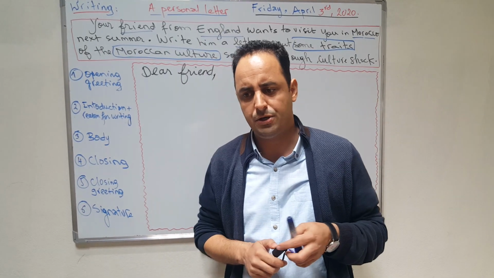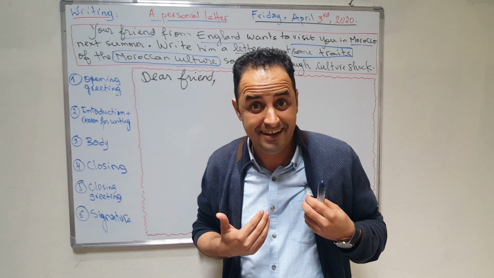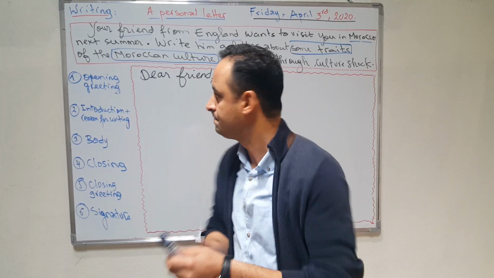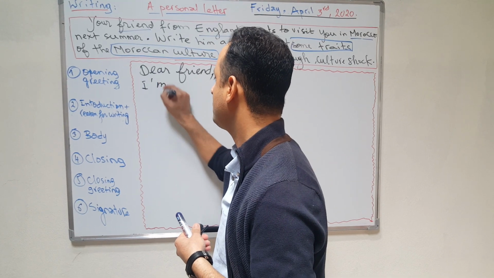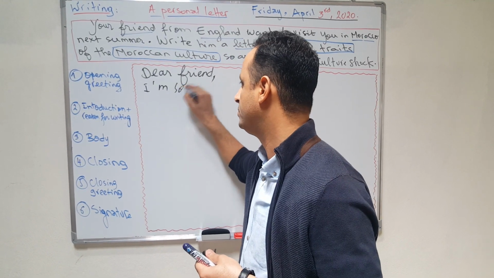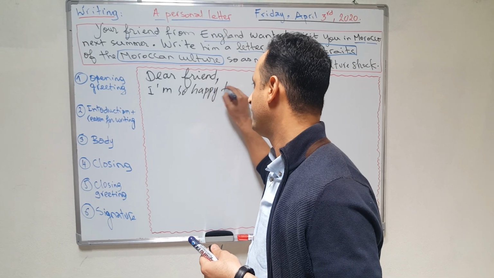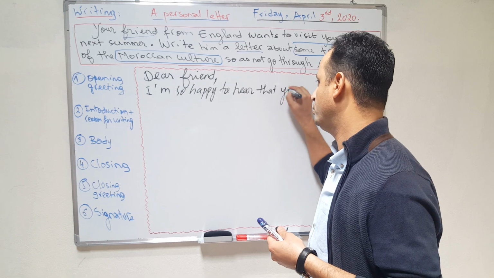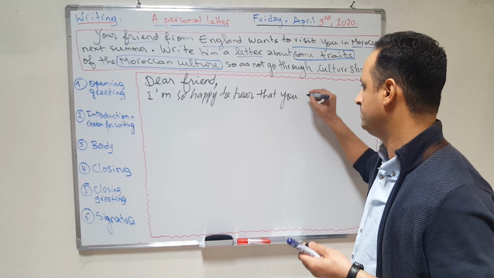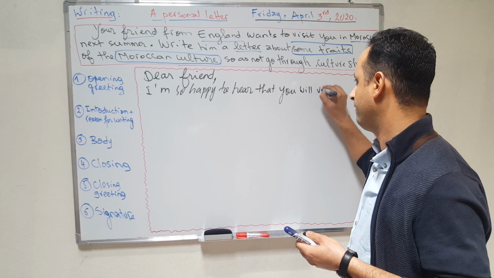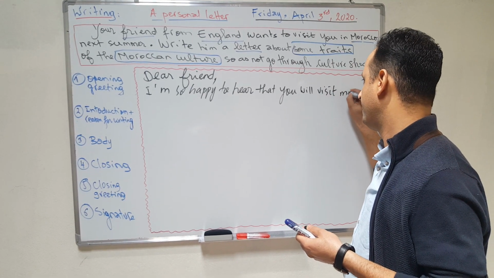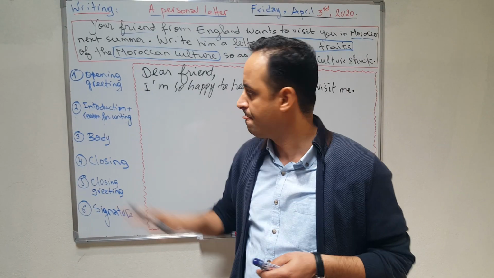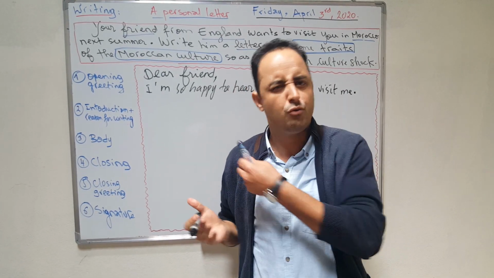I would choose, for example, here, I would say, "I'm very glad to hear that you are visiting my country." Here's a sentence. I'm glad or happy. I'm so happy to hear that you will visit my country, that you will visit me next summer, of course. Here's a sentence that would be introduction. A sentence that would express the reason for why I'm writing now.